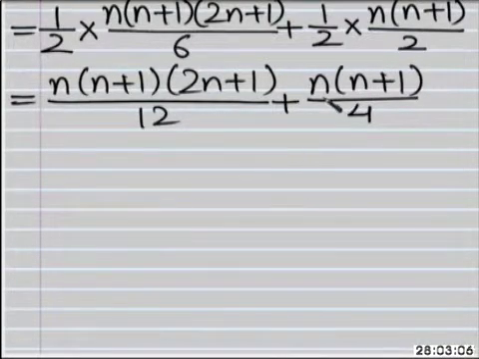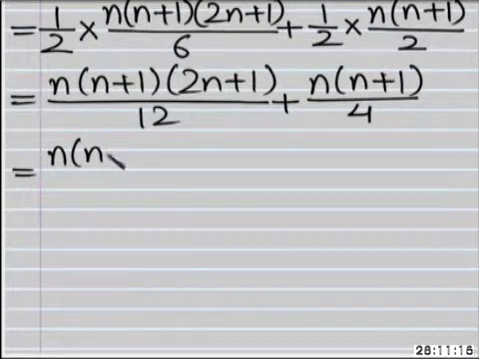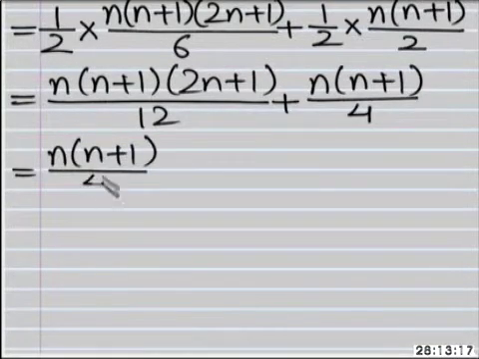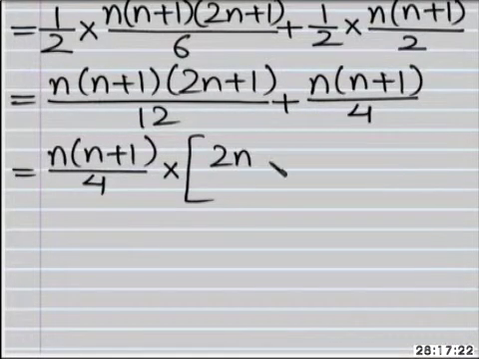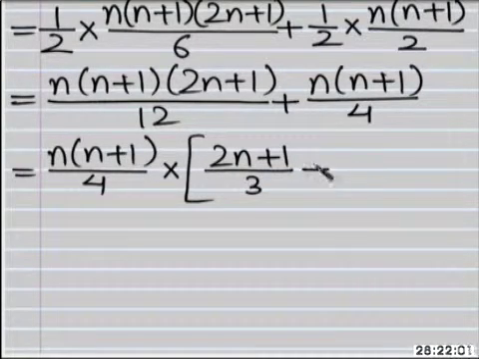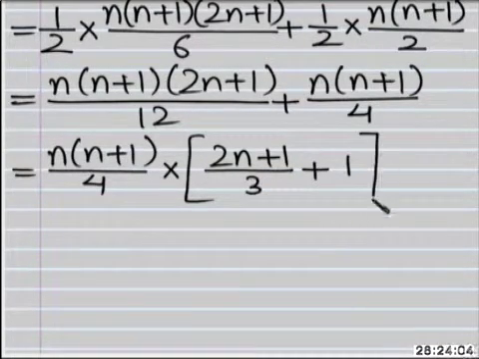Taking n(n+1)/4 common, this is further equal to n(n+1)/4 × [2(n+1)/3 + 1].